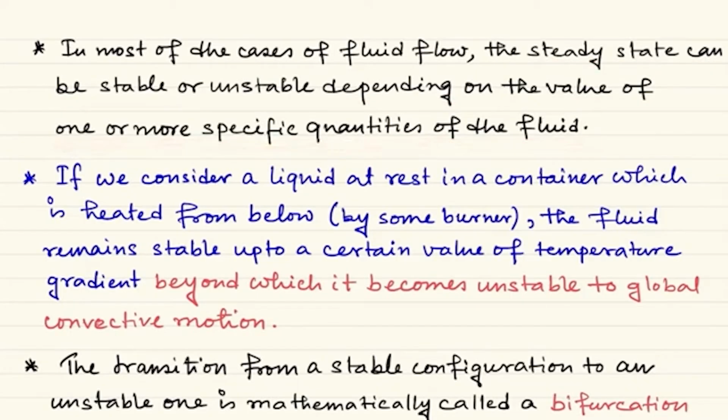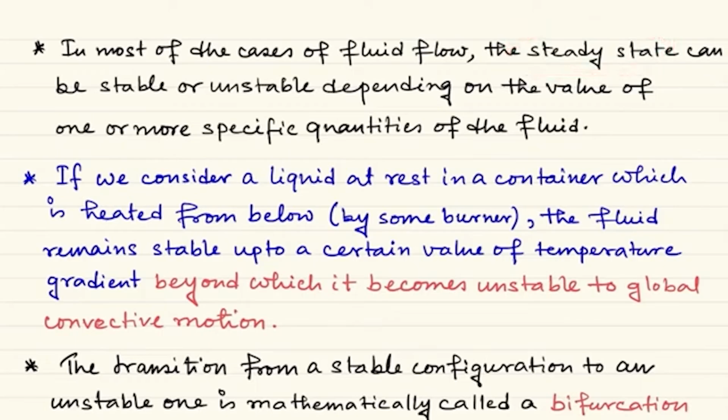If I ask you whether a steady configuration of a fluid is stable or unstable, the answer is, well, it depends on the values of different quantities of the fluid. The nature of the steady state can change from stable to unstable, or from unstable to stable.